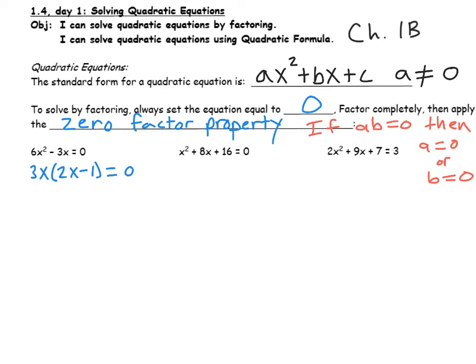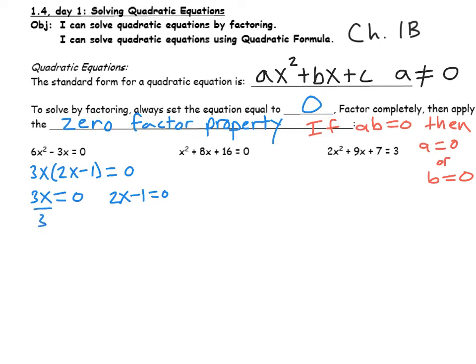Because it's second power, there's always only going to be 2 that it would split up in, and you'd solve each of the factors equal to 0, okay? Well, what that property says is for 3x times 2x minus 1 to be 0, that means one of two things. Either that has to be 0, or that has to be 0, one or the other.